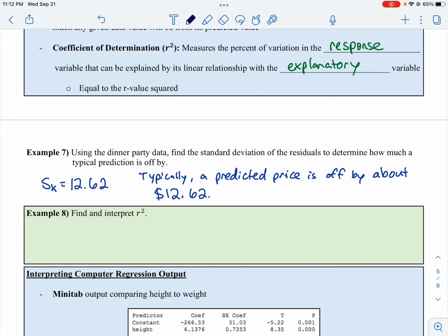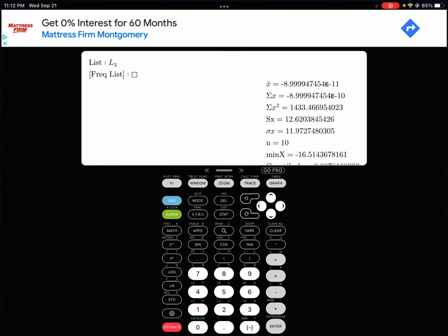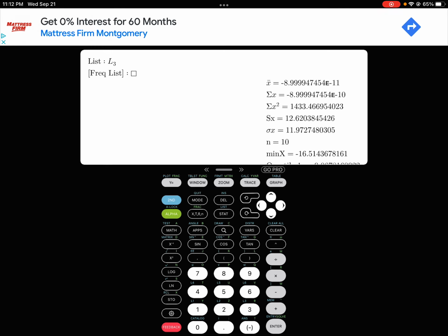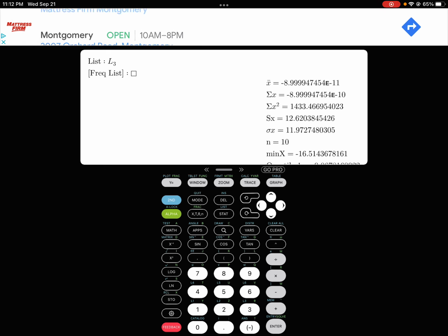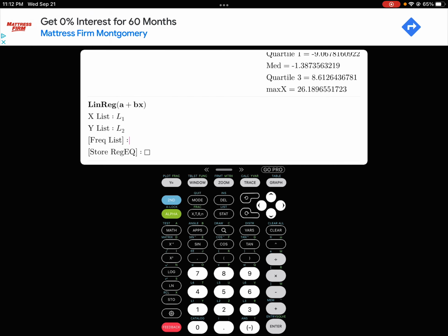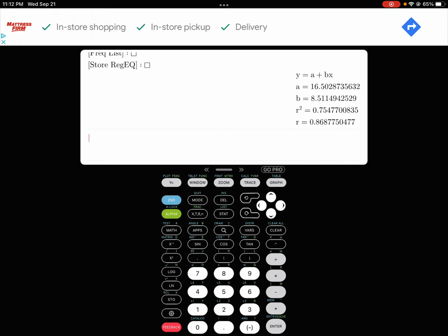Now, the other one it asks us to do is to find and interpret R squared. So, same thing I would do before to find R: stat, calc, option 8 from list 1 and list 2. And I can see that my R squared value is given to me.